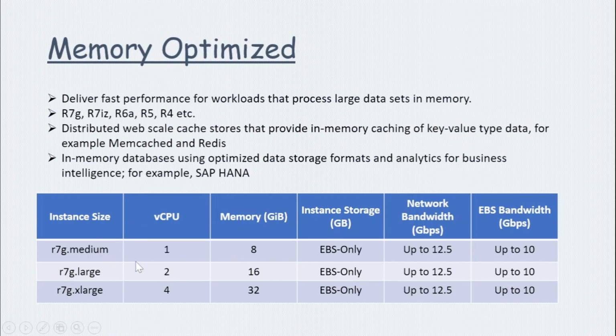R7G.medium has 1 vCPU and 8G memory. So these are good for applications which need higher memory compared to CPU or compute. And these are highly used for in-memory databases such as SAP HANA.